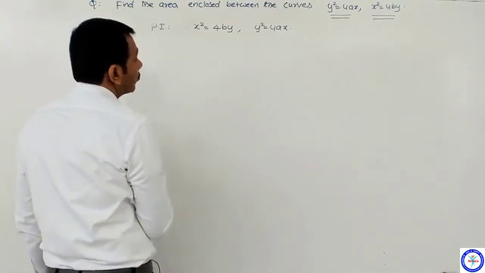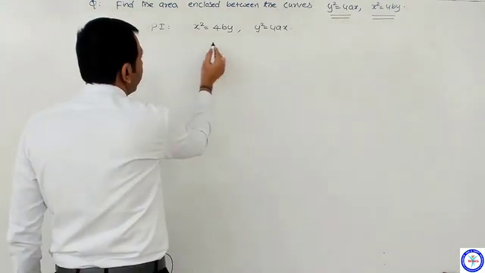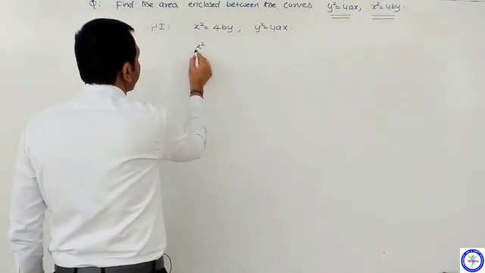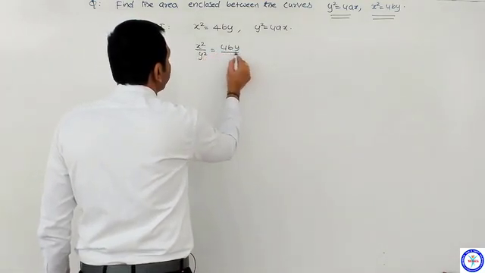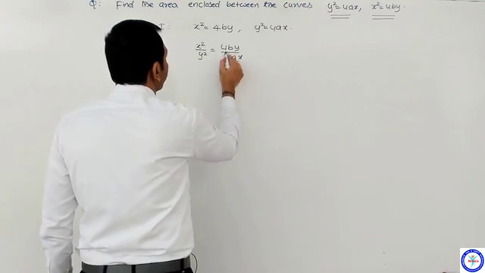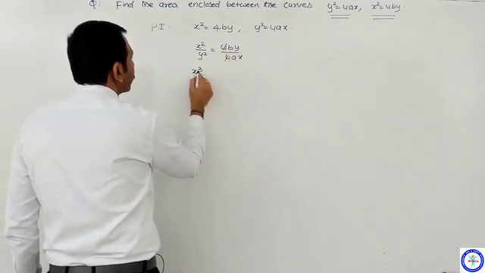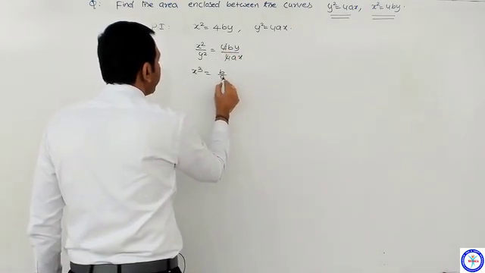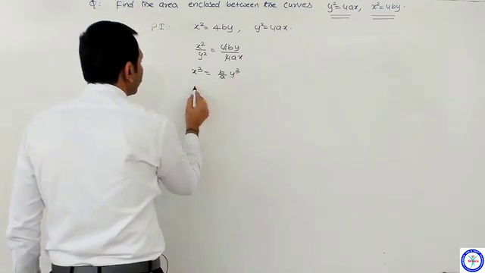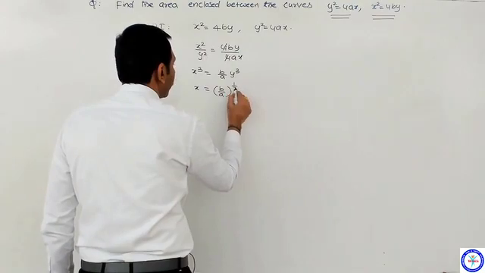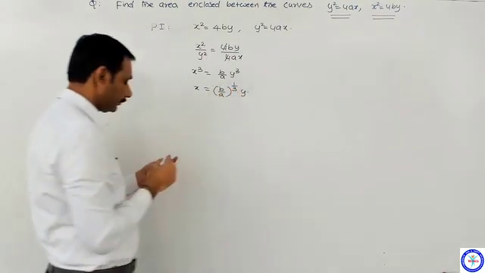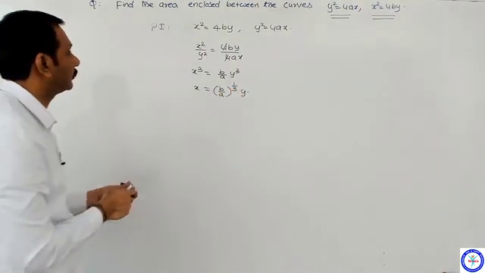Let me solve these two equations. What I will do, you see, I will divide one with other. x square by y square equal to 4by by 4ax. 4 will get cancelled. x cube is equal to b by a into y cube, or x is equal to b by a whole power 1 by 3 into y. Right.